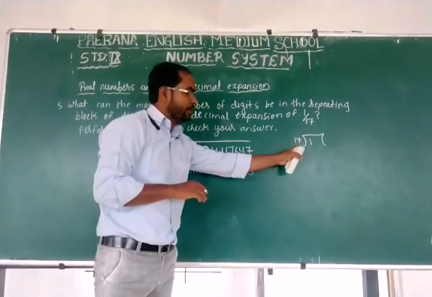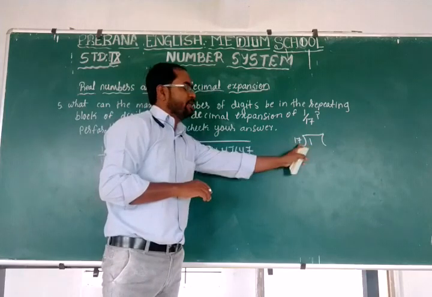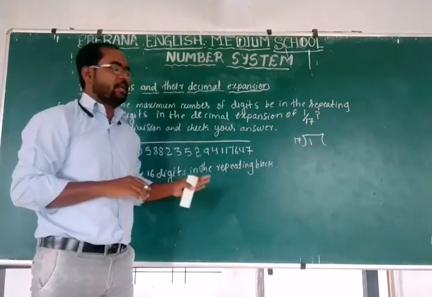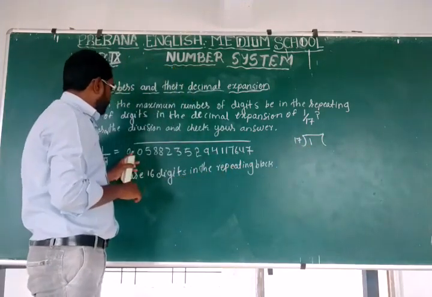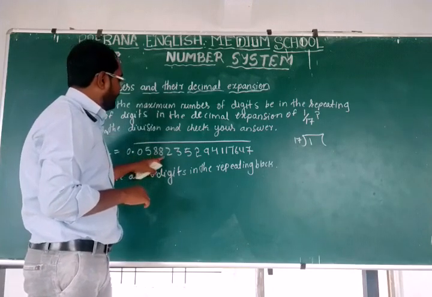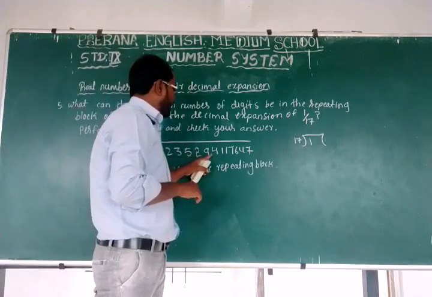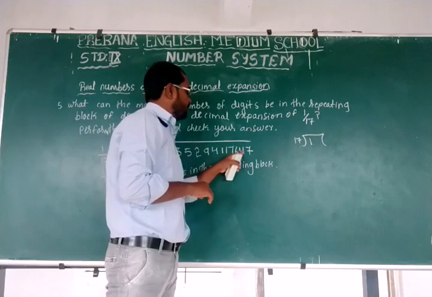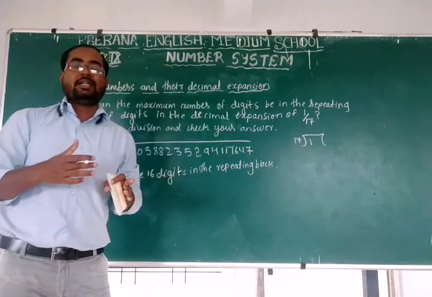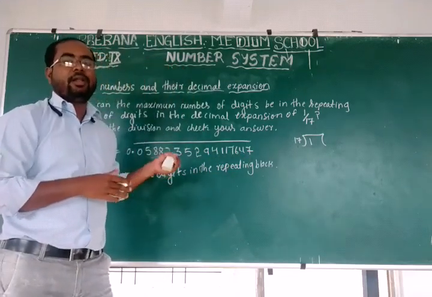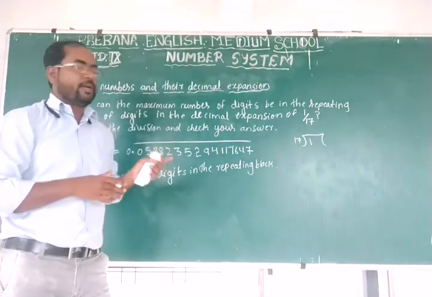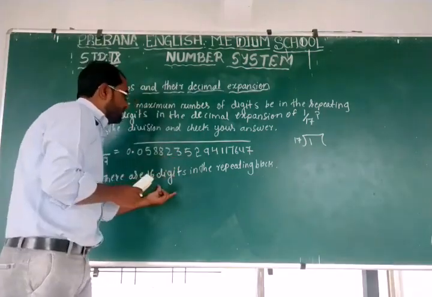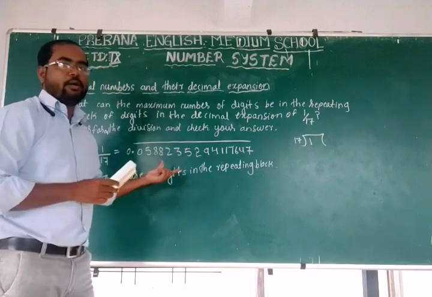So you do the division, divide 1 by 17, and you will get the result as 0.0588235294117647. After the 16th digit, the same digits will repeat. That means there are 16 digits in the repeating block.